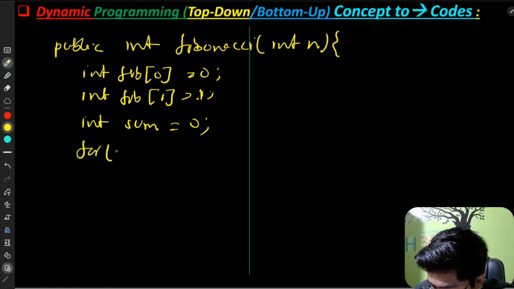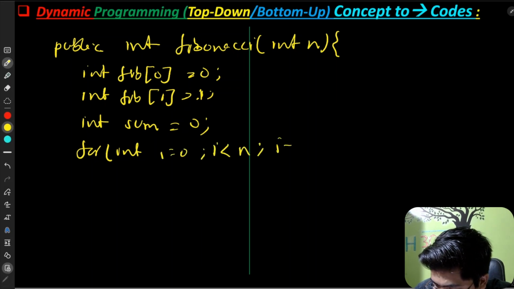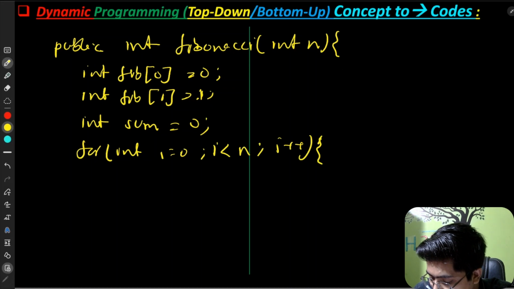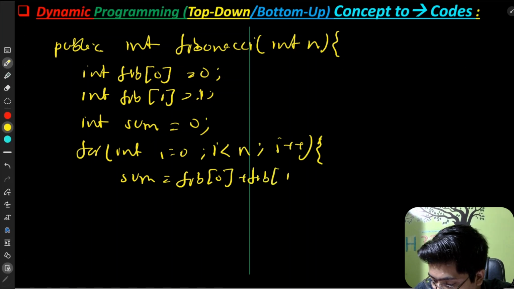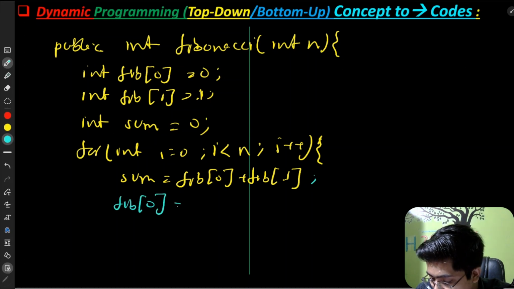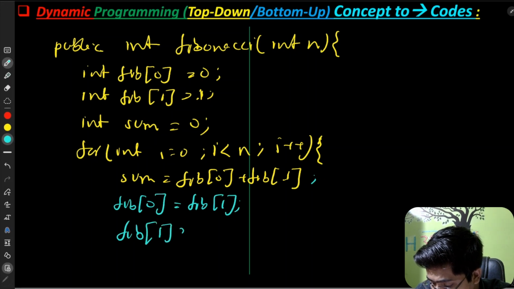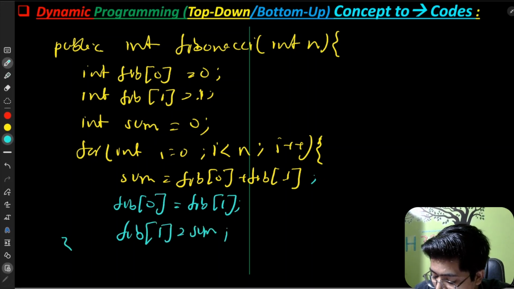For integer i equals to 0, i less than n, i plus plus, and we just sum, which becomes Fibonacci of 0 plus Fibonacci of 1, and now we just update those values in the next step. Fibonacci of 0 equals to Fibonacci of 1, and Fibonacci of 1 equals to sum. We just update those values, and at the end we just return sum.